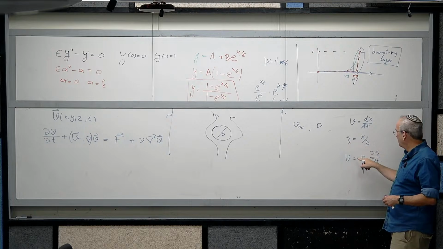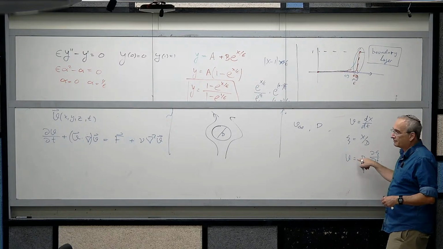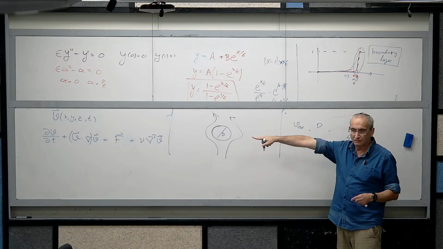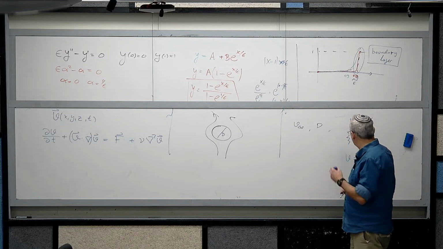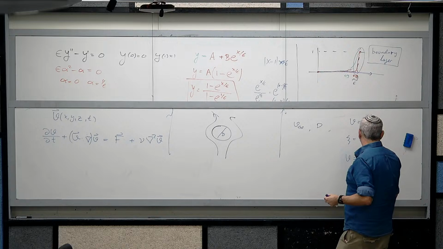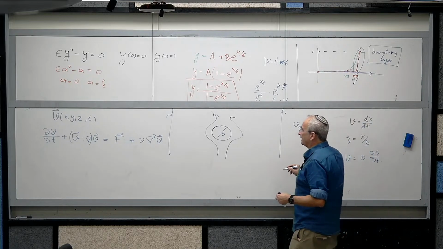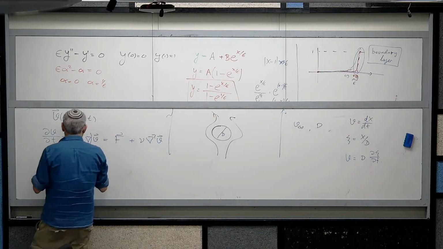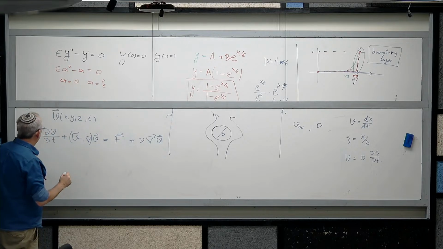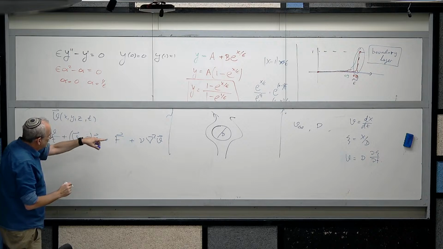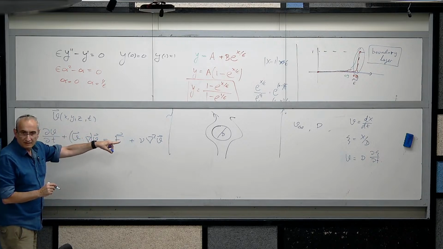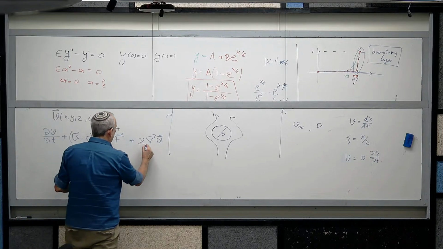Everywhere I have a length, I should multiply it by d, so I will have d here, d squared here, and d there. So all in all, I have 1 over d here.